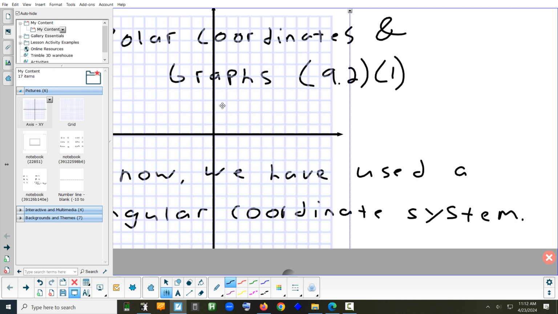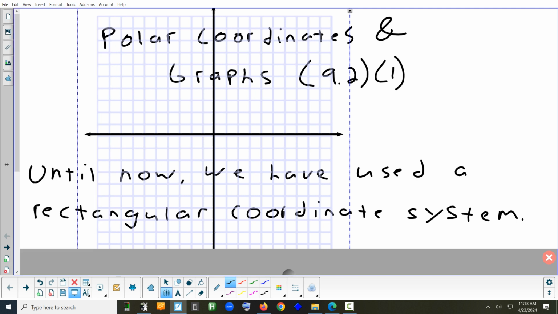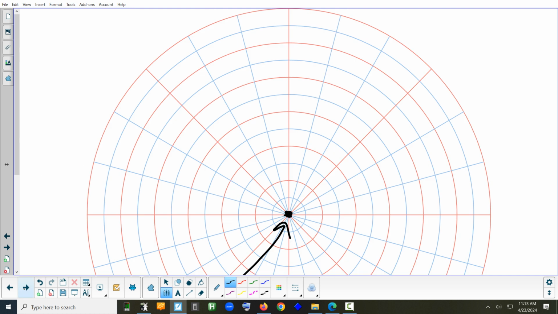Polar, not only is it a different coordinate system, but it uses a different kind of graph paper. Okay? So it's very different than what we're used to as far as the background. That's polar graph paper. So it's circular rather than rectangular.